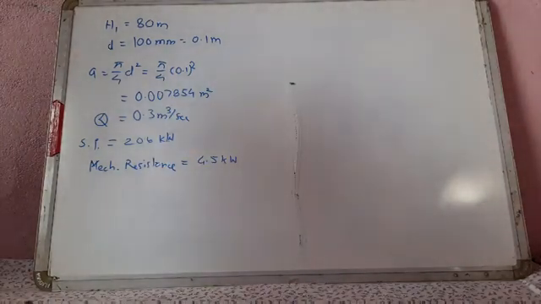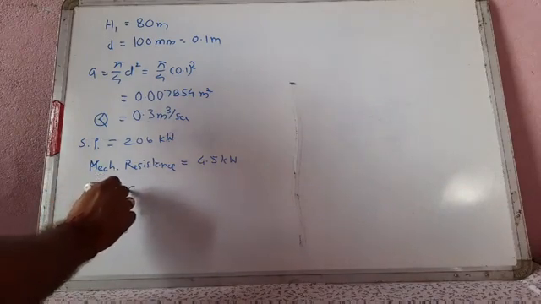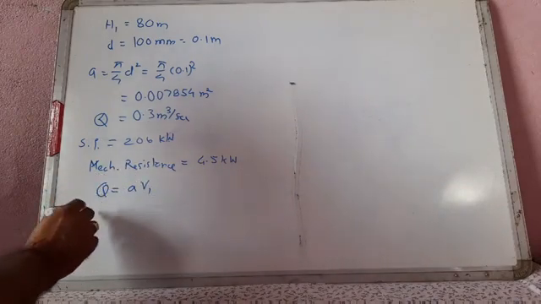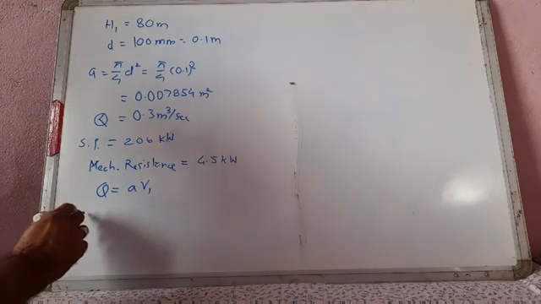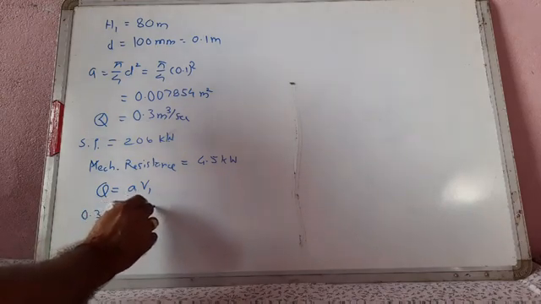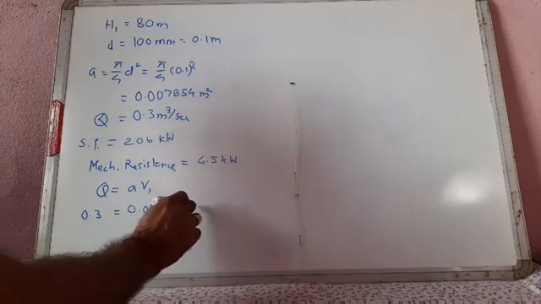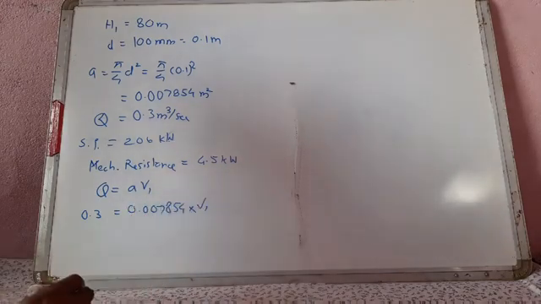Now discharge equal to A V1. So 0.3 equal to 0.007854 into V1.